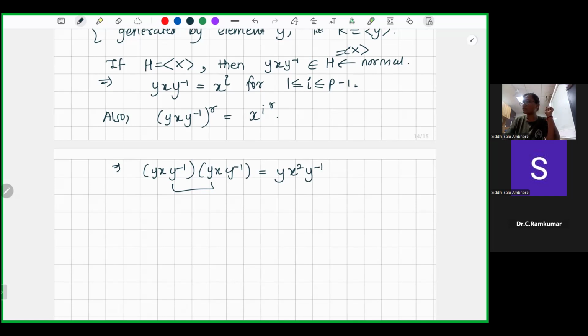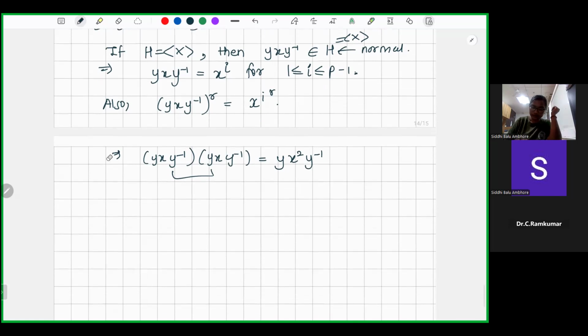No, no, wait. It says that after this we get y power r x y inverse y power minus r is equal to x power i r.